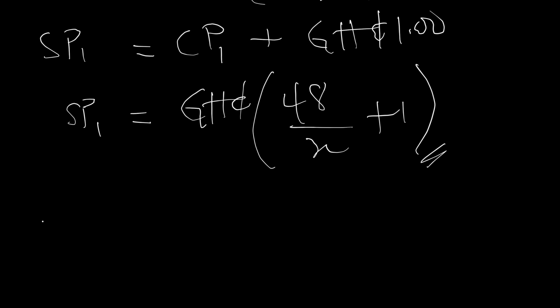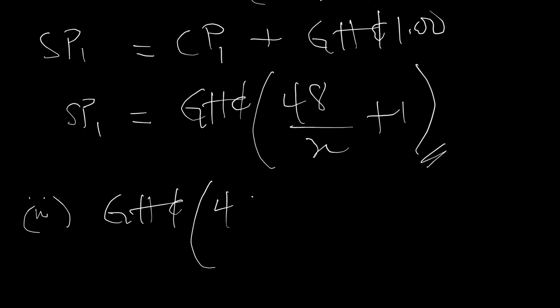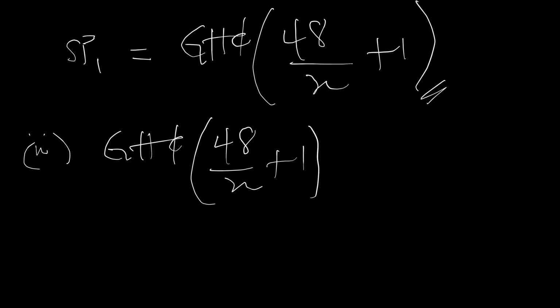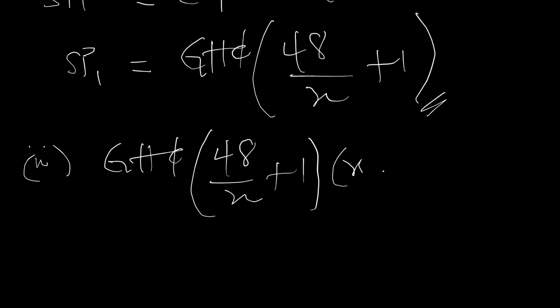So the selling price for all the apples she sold would be Ghana cedi (48 over x plus 1) times the total number of apples she sold. And we know that the total number of apples she sold is x minus 40. So times (x minus 40). So this will be the total amount of money she received for selling x minus 40 apples.